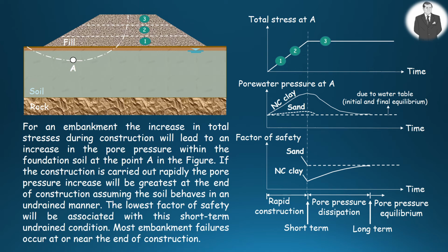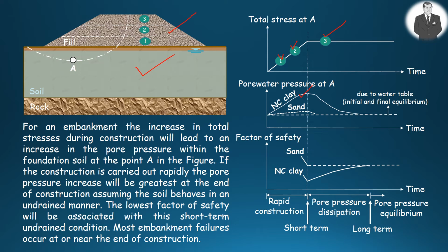In the figure here, you see an embankment built on a fully saturated soil. For the construction of this embankment, the increase in total stress, as shown in the figure here, will lead to an increase in pore water pressure, considering a point A in the foundation soil.